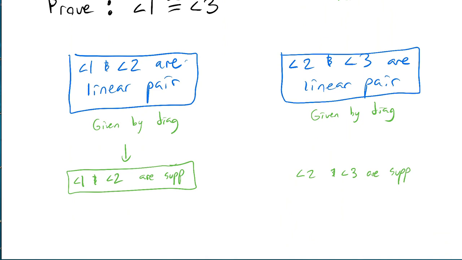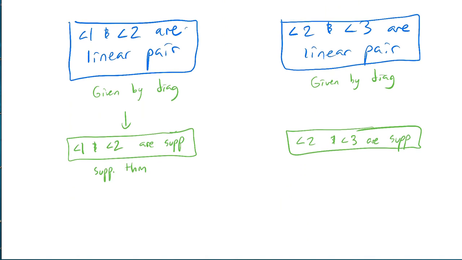Now, every book you're going to use is going to call this something different. So in this book, they call it the Supplementary Theorem. I actually like to just say the explanation, linear pairs are supplementary.